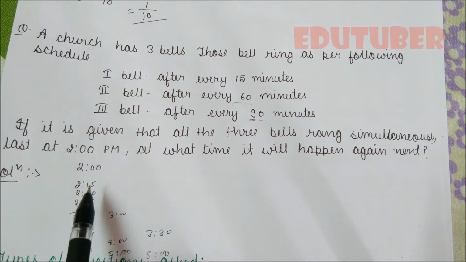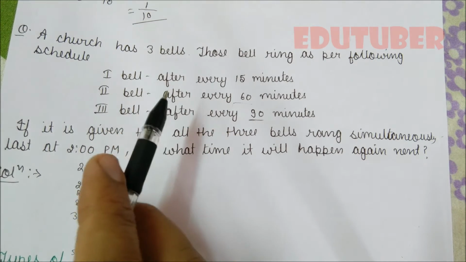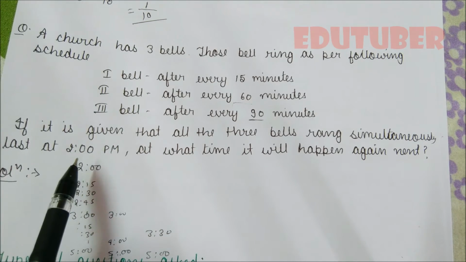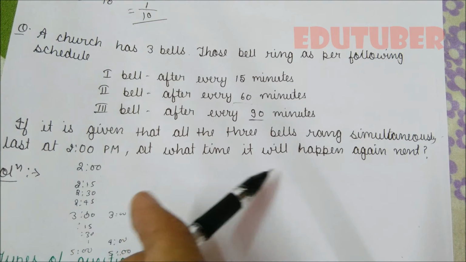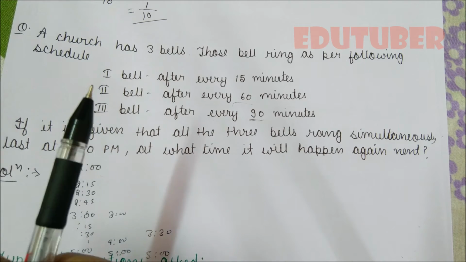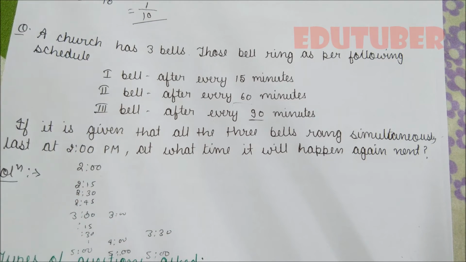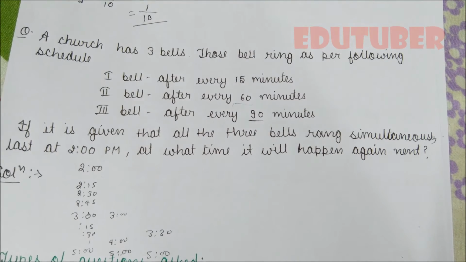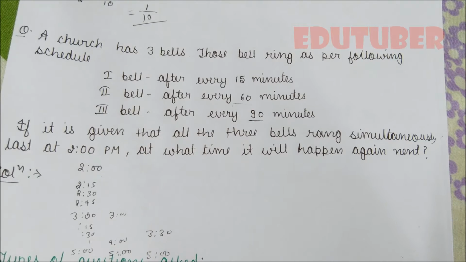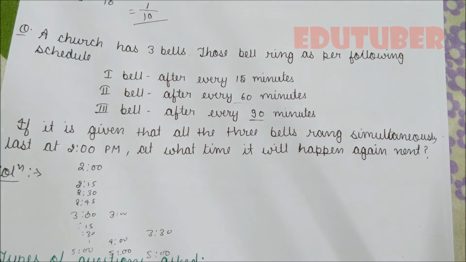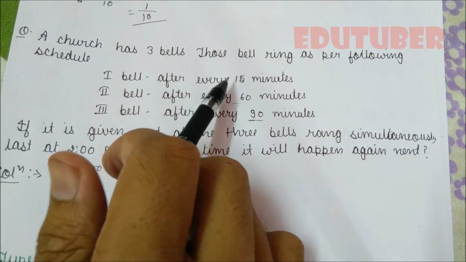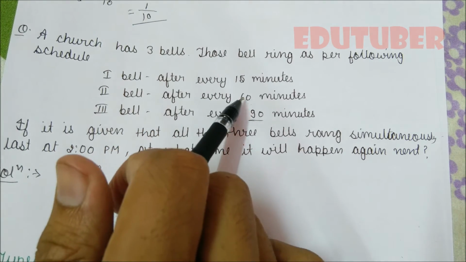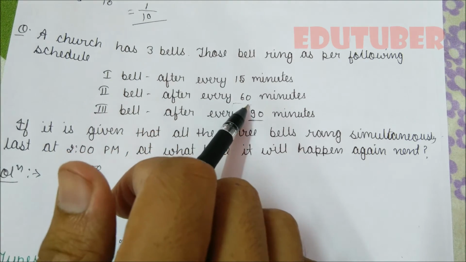Now if we calculate at what time after 2 the bells will ring at the same time, it will be 5 p.m. This was a very analytical answer, but how do we do it mathematically? The standard approach for this question is, you need to calculate the LCM for these 3 time intervals.